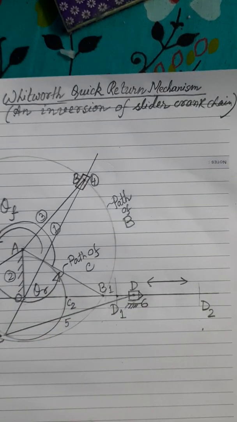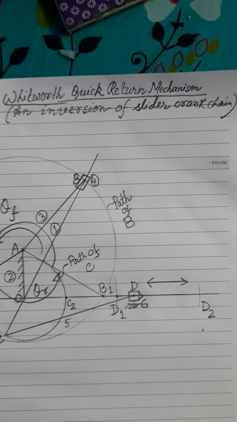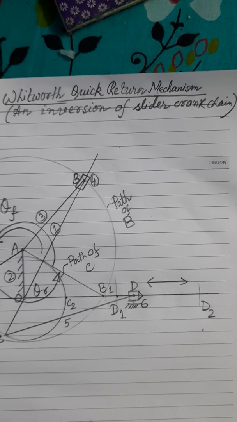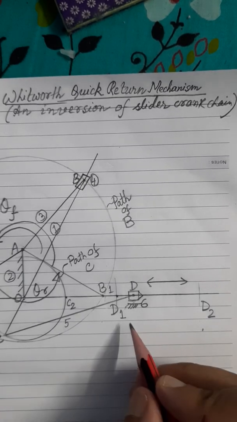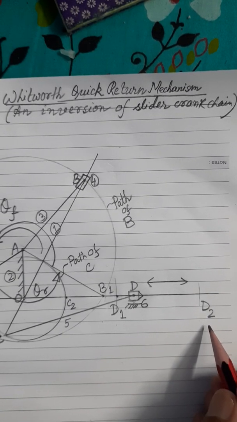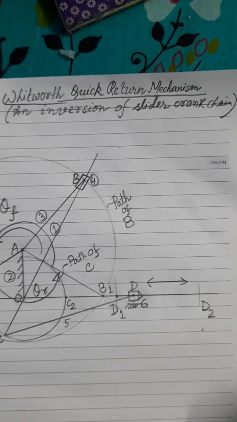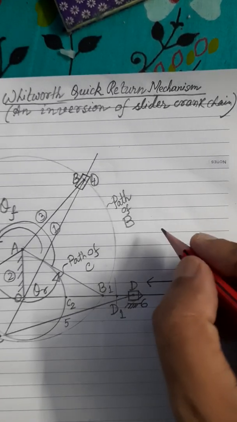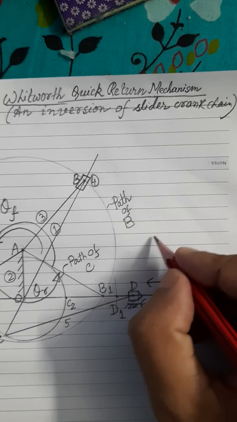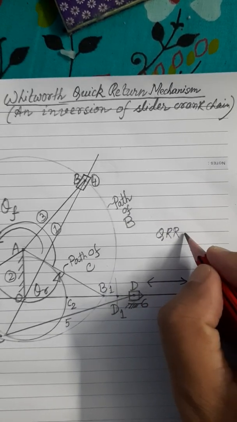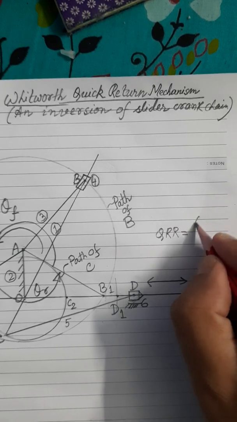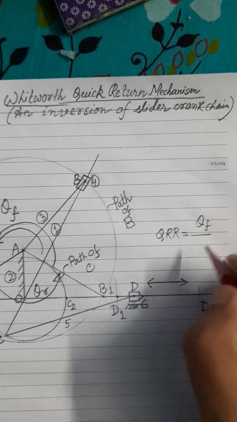So as theta f is much more than theta r, so time taken for D1 to D2 will be more, and from D2 to D1 will be less. So that is known as quick return ratio, QRR. So QRR will be equal to theta f divided by theta r.